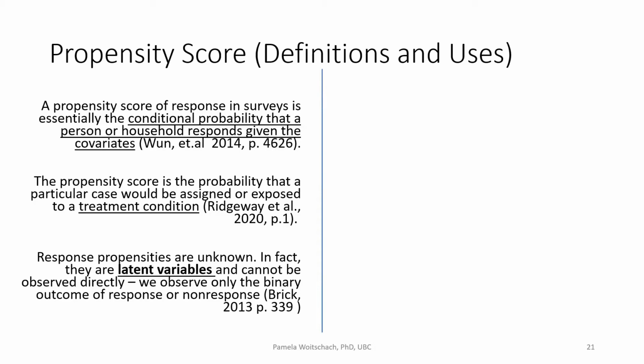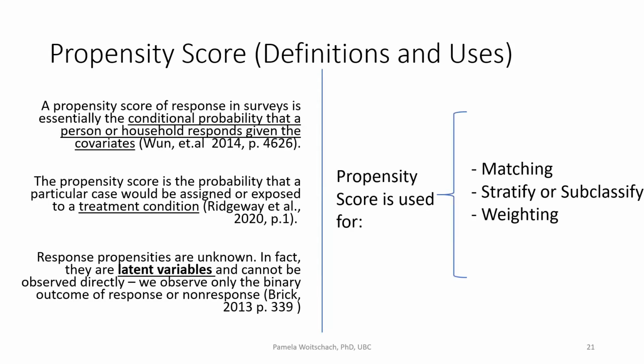Response propensities are latent variables, and all we can observe in our data set is the binary classification of groups into respondents and non-respondents. Propensity score is often used to match data, subclassify, or for weighting.